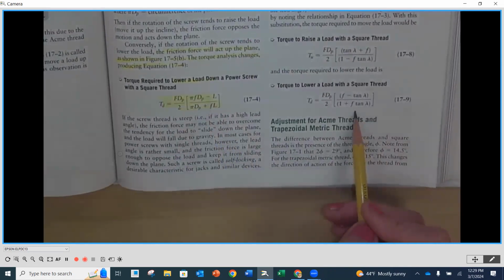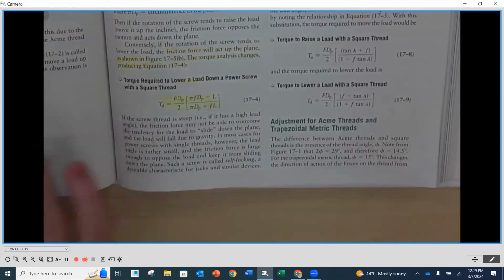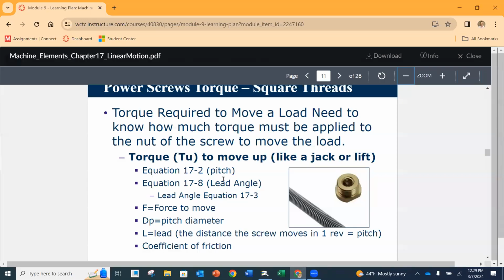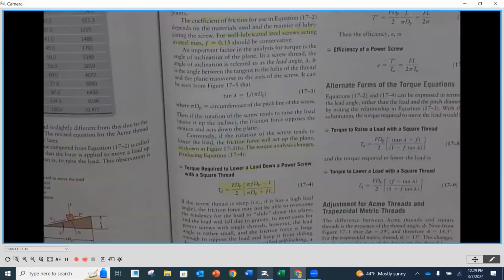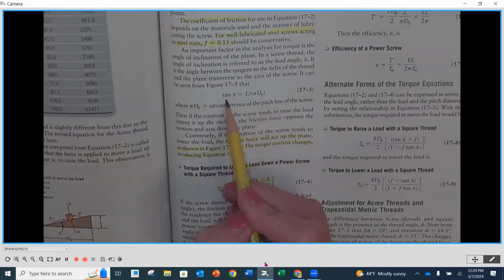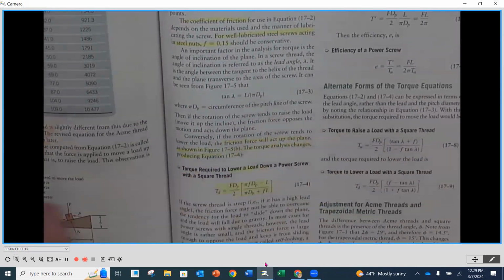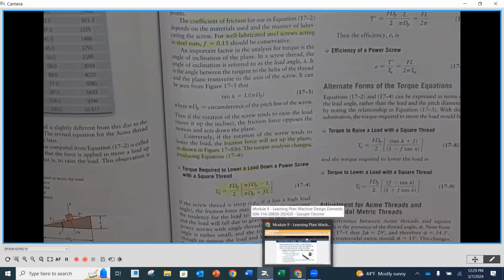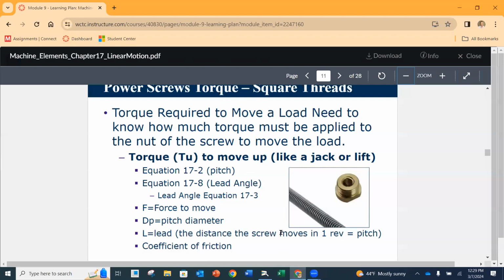Over on the right-hand side, it's based on the variables for the lead angle as opposed to the pitch. The lead angle equation is 17.3. That was the one you were looking at, BJ, and that's right here. We can calculate that lead angle knowing the pitch, but depending on what you have available and what you prefer, there are two ways to calculate both of those torques.